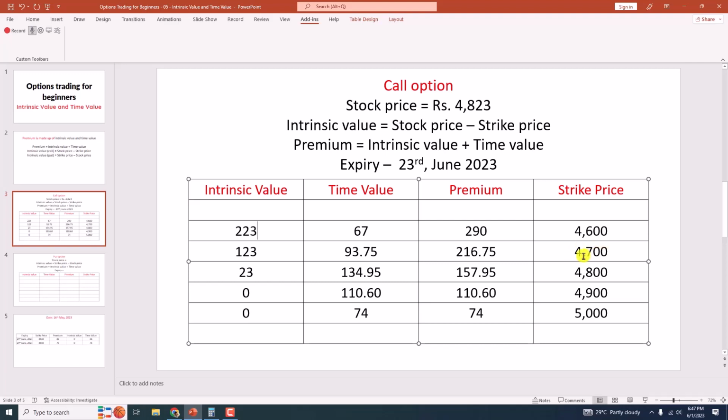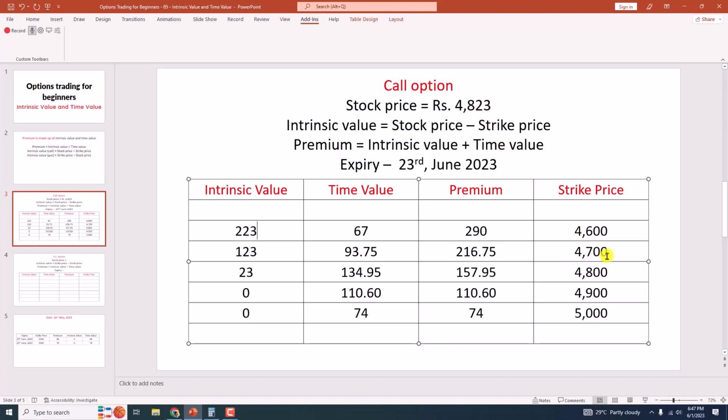Now when the option expires, will I go to the seller of this option and say, give me the stock at 4,700 rupees? Of course I will, correct? Why? Because the stock is trading at 4,823 rupees, higher than this.